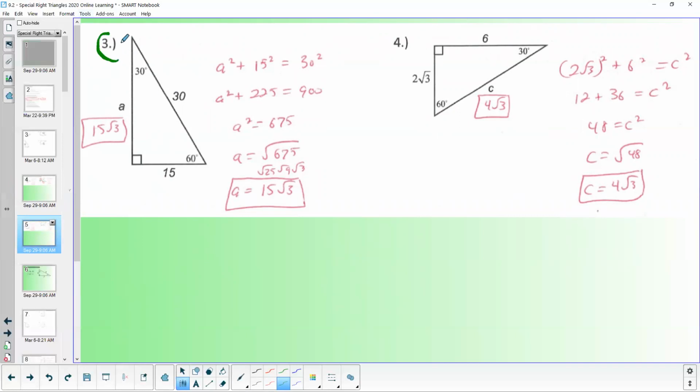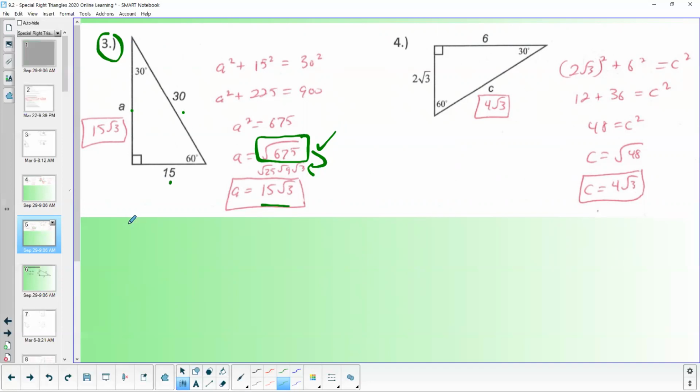On number 3, again, doing the Pythagorean theorem, you get a squared plus 15 squared equals 30 squared. And we solve, we get the square root of 675, which is extremely annoying to simplify. But if you can do that one, you can pretty much do any of the ones we're going to run into in class. And so you simplify and you get 15 root 3.